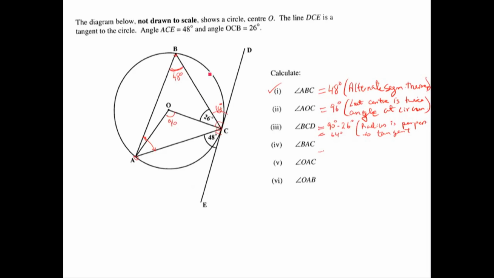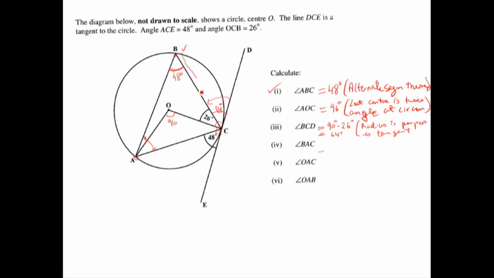The angle between the tangent and the chord: if you look over here, angle between tangent DCE and chord BC is 64 degrees.